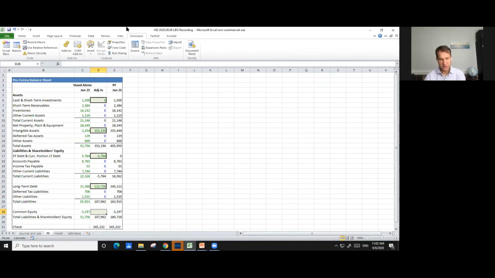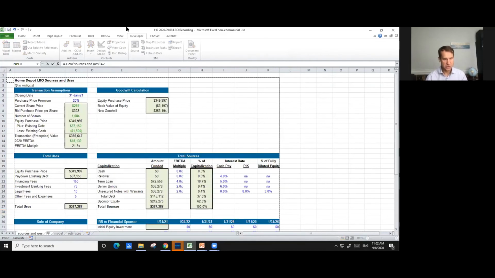Common equity is a little bit interesting here. So it'll be removing old equity, adding new sponsor equity, and then subtracting, this would come out of retained earnings, all the transaction fees.